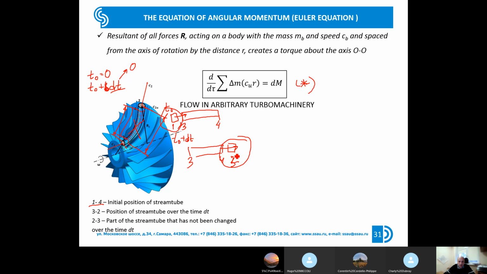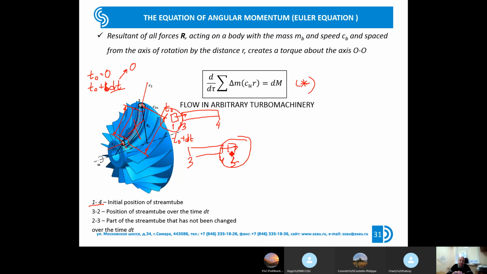And the same for the outlet mass. At the first period of time we don't have it, and at the last period of time it appears. That's why the momentum will be equal to the angular momentum at the first period, but we don't have this element.